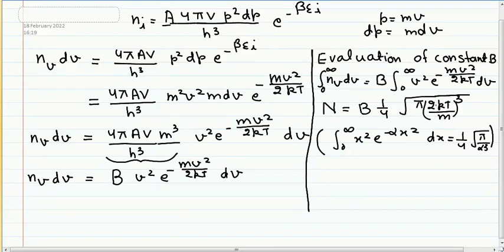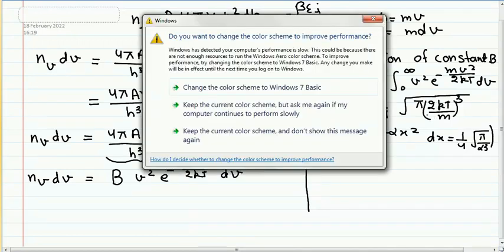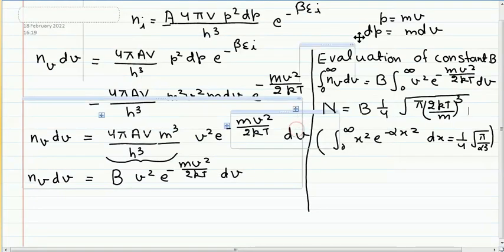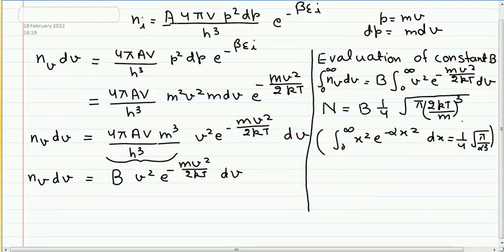We will write pi in numerator and denominator also. So the numerator will become 2 pi kT whole cube, and in denominator it will be pi cube. So pi cube will come outside of the bracket. Pi will come outside of this bracket. So here we will have pi upon pi cube, and so we will have 1 upon pi square. Pi upon pi cube means 1 upon pi square.